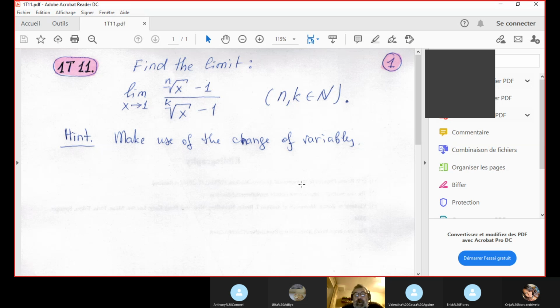So the idea was to replace x by 1 plus t. If x goes to 1, then t goes to 0. Okay?